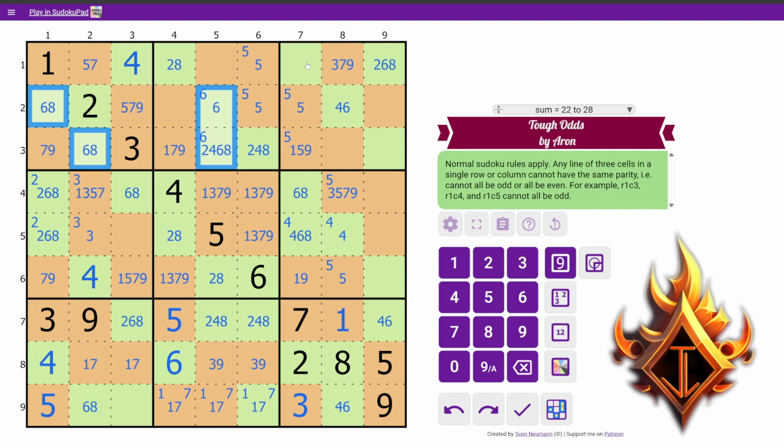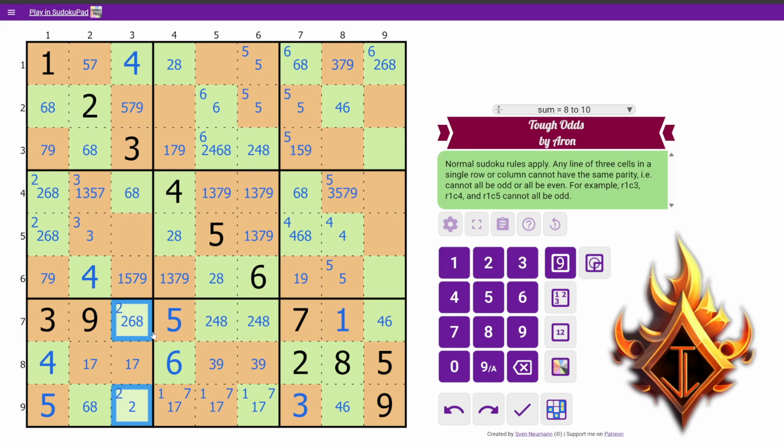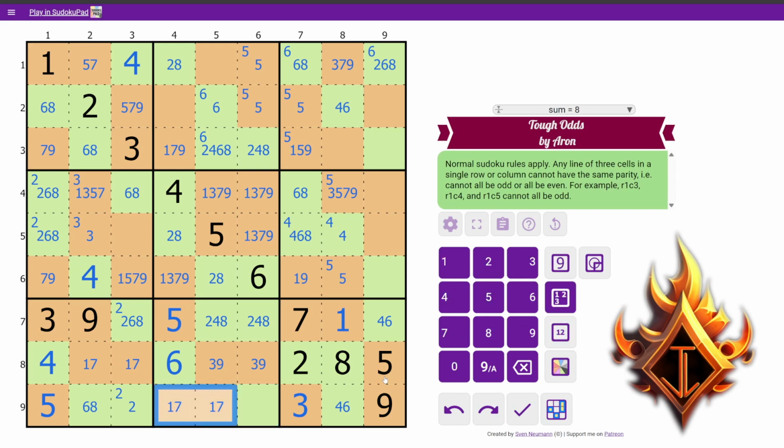So a 6 does have to go there or there. This one is a 6 or an 8. And now I think I remember saying that one of those are a 2. This is not a 1 or a 7. These are.